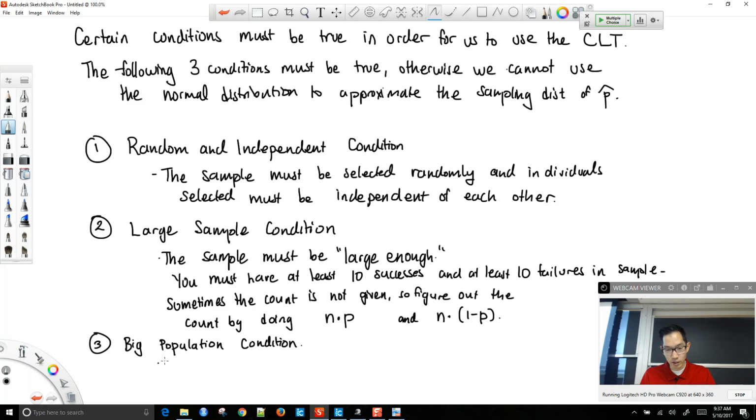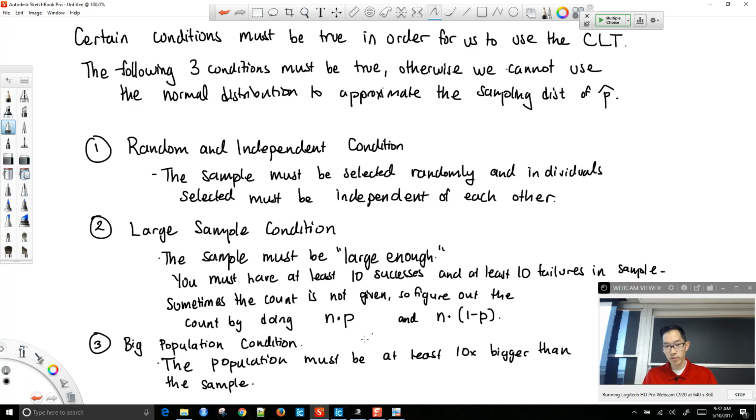So the population must be at least 10 times bigger than the sample, or you are sampling with replacement.